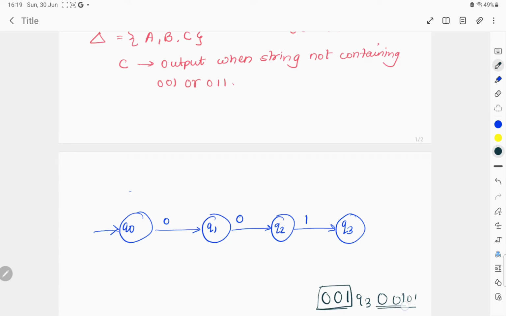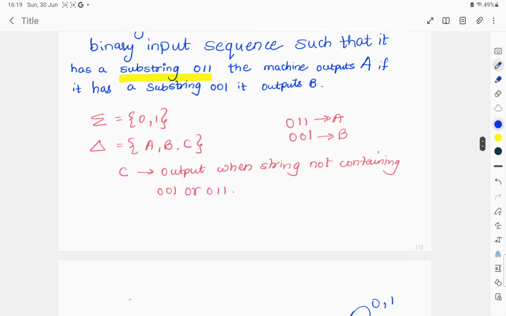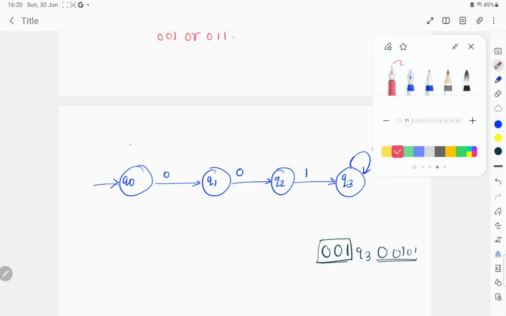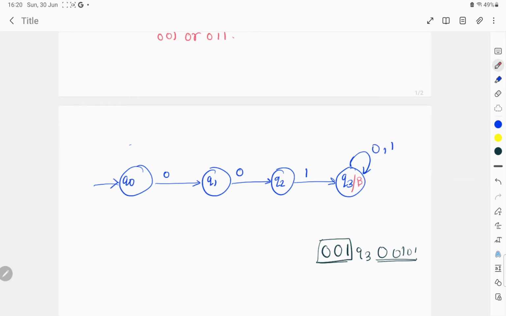Whatever comes after that, you are already containing 0 0 1. So once I reach Q3 and if I get n number of zeros and ones in any combination, it is already having the string 0 0 1. So whenever you are in Q3, I am supposed to give output B, since I am having 0 0 1. So when I am at Q3, I get the output B.